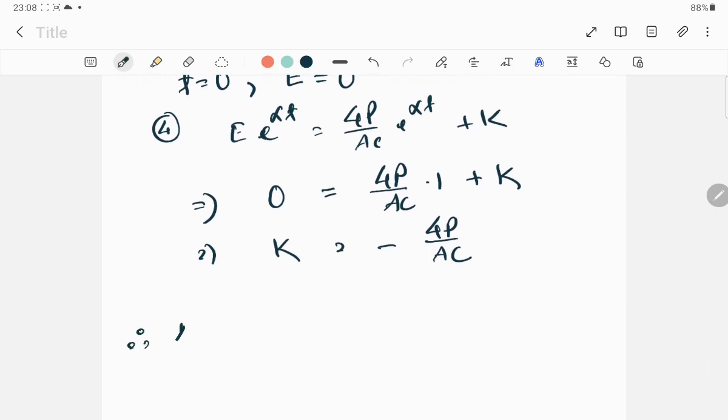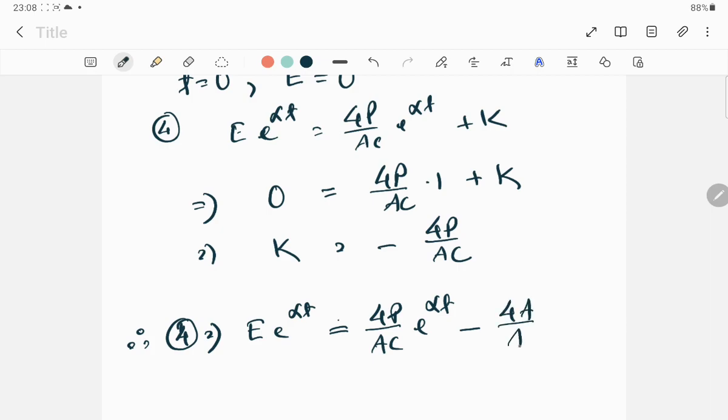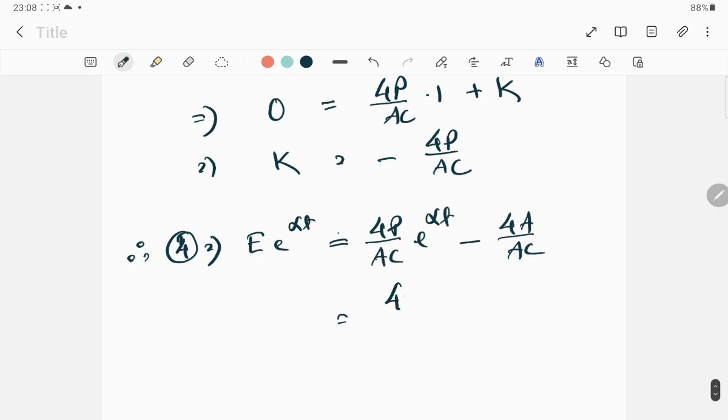Therefore, equation 4 implies E into e to the power alpha t equals 4P/AC e to the power alpha t, and in place of k I will write minus 4P/AC. So 4P/AC common, (e to the power alpha t minus 1).